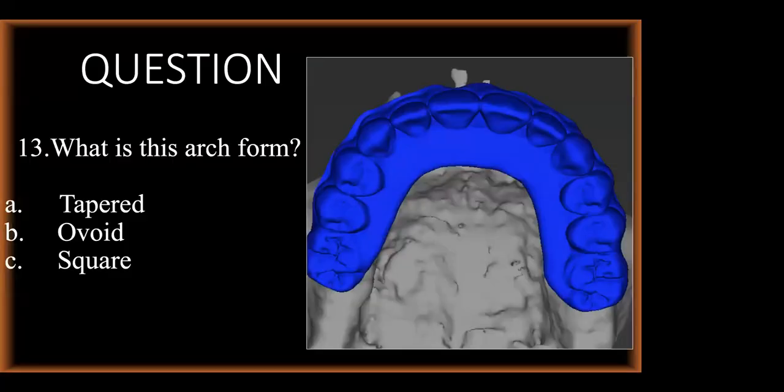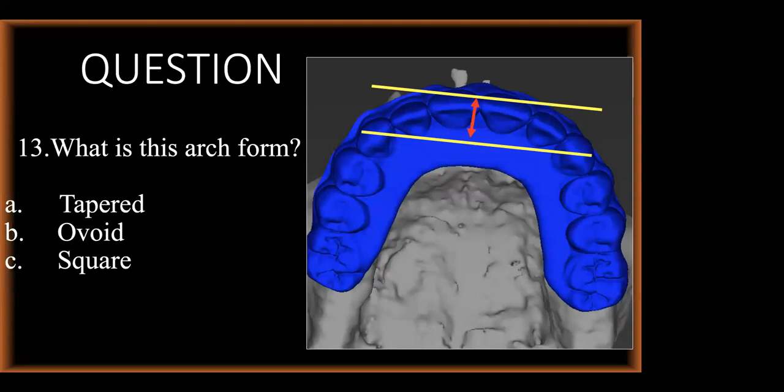So when we look at this, let's look at this particular case though. And this is the diagnostic wax up of this case. So if you look at what is the arch form on this patient, if you look at, here's the tip of the cuspids to the anterior part of the number 8 and 9.